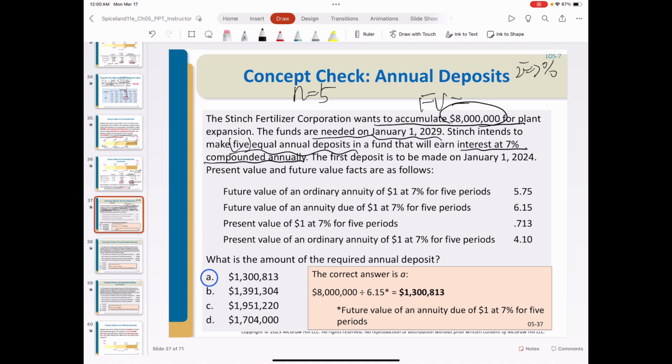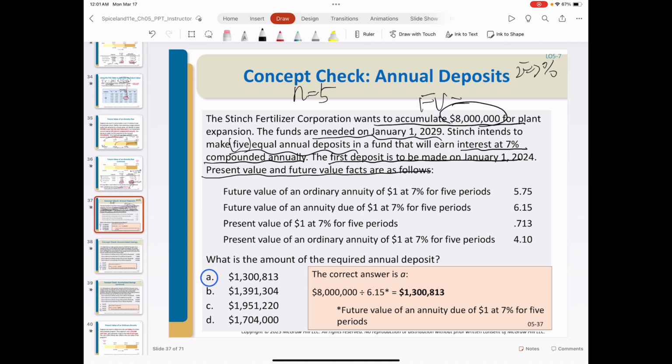What we need is what type of annuity it is. The first deposit was made on January 1st, 2024. So that means the company makes the first payment at the beginning of the first year. 2025, the second. 26, the third. 27, the fourth. 28, last.